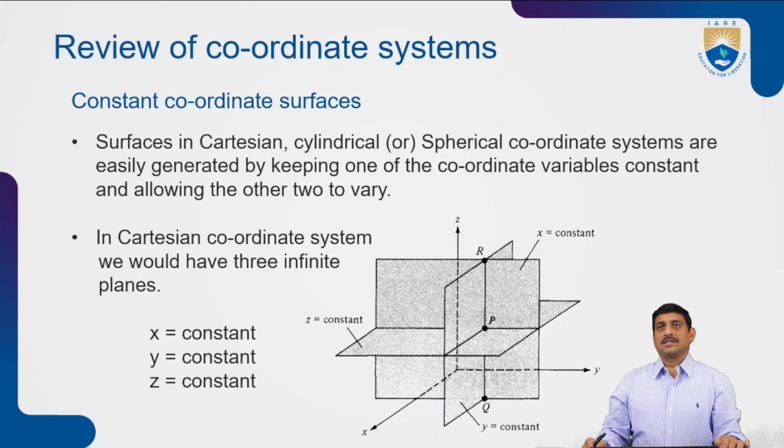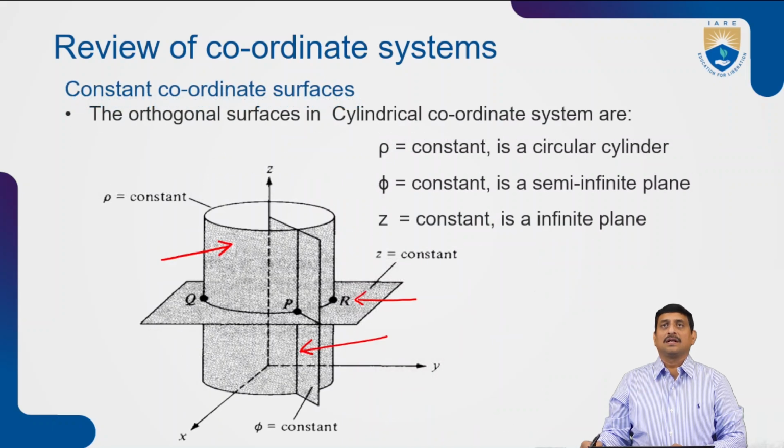There are three constant coordinate surfaces which are perpendicular to each other: x equal to constant, y equal to constant, z equal to constant. All three are infinite planes. Whereas in the cylindrical coordinate system, the constant coordinate surfaces are a circular cylinder for rho equal to constant, a semi-infinite plane for phi equal to constant, and an infinite plane for z equal to constant.